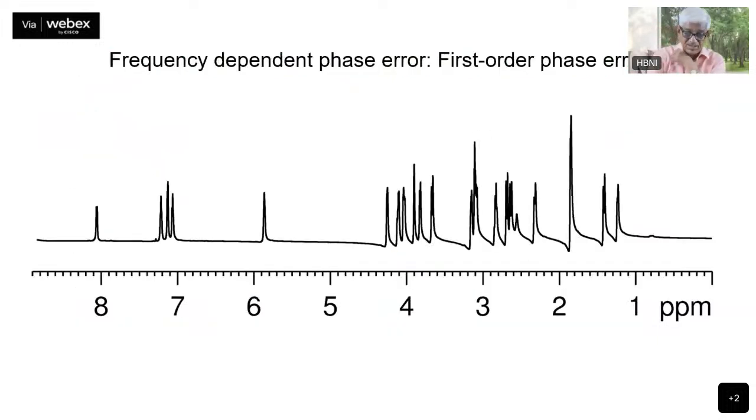You can see that as you go from left to right, the phase error is increasing through the spectrum, from low frequency to high frequency. This is the first order phase error.